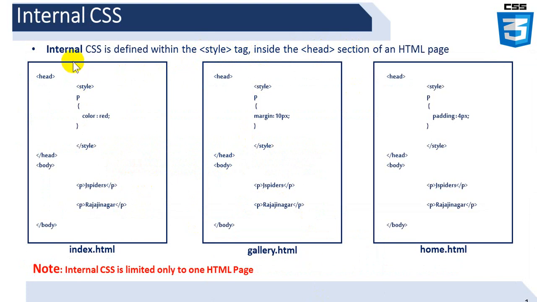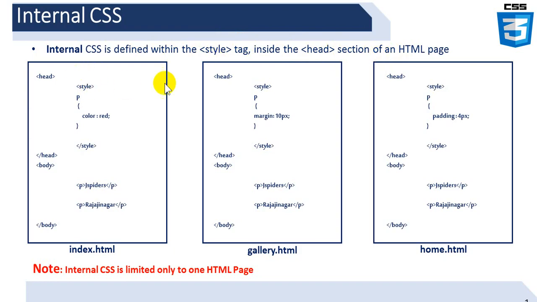Inline CSS means we use the style attribute. Internal CSS, how to add? With the help of the style tag, and it should be inside the head section of an HTML page. You know, right, the style tag should be inside the head section. I have explained this in the starting sessions of HTML, right?